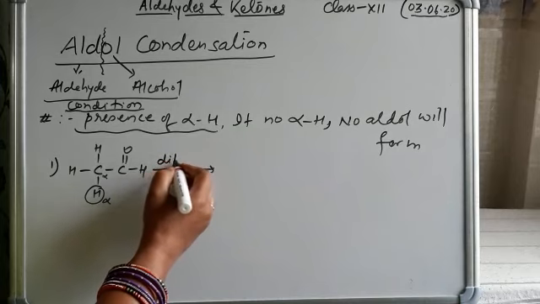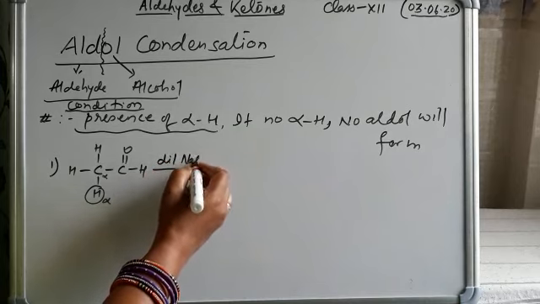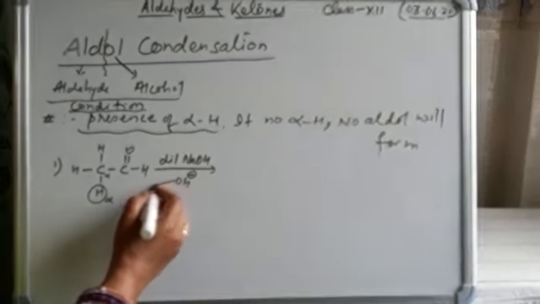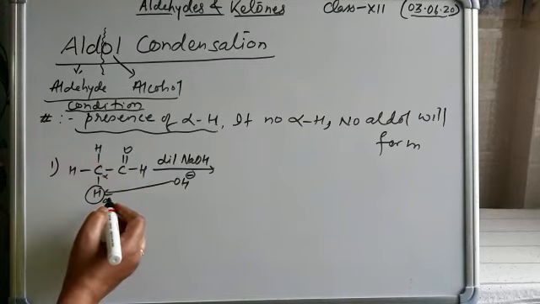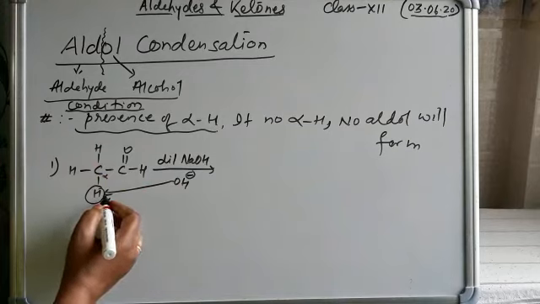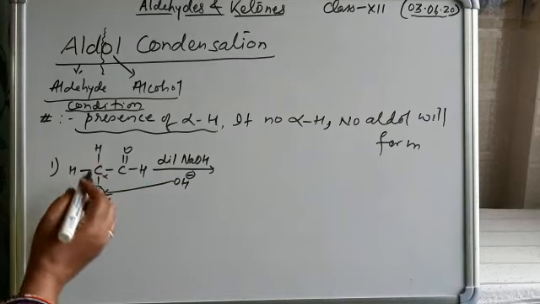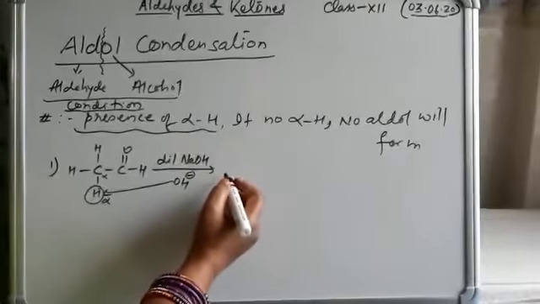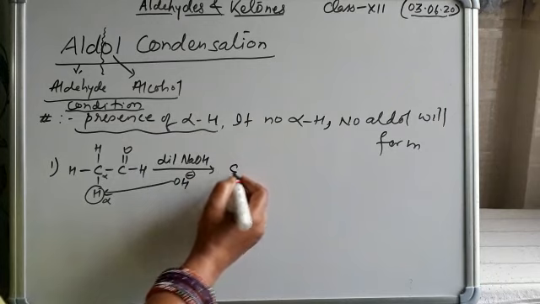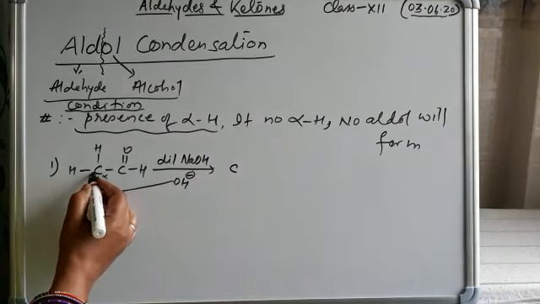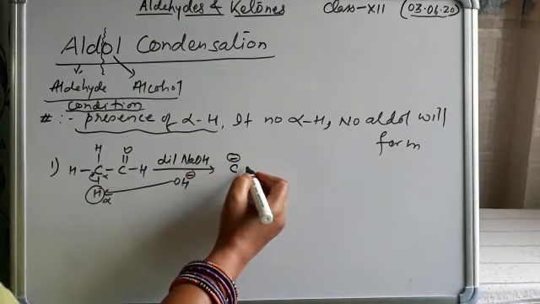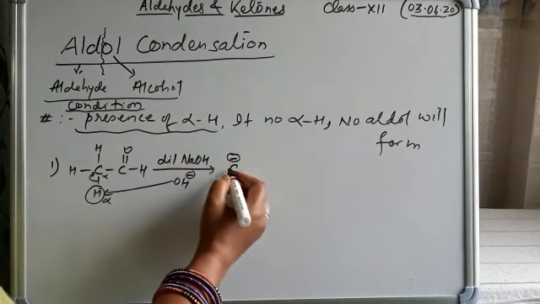So here we use dilute sodium hydroxide, which gives OH ion, and this OH ion takes H plus because this is the most acidic in nature due to the presence of an electron withdrawing group. What happens? This bond shifts towards the carbon. So the formation of the enolate ion or carbanion takes place.